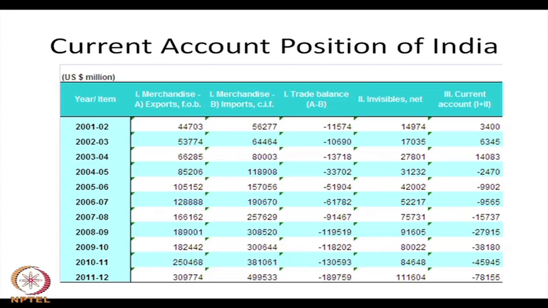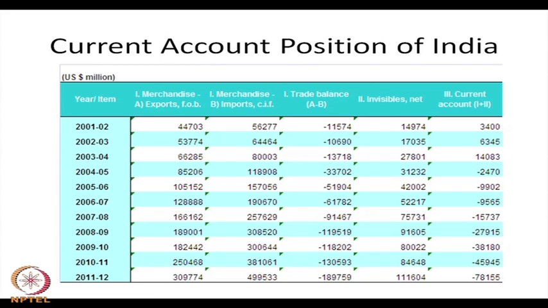189,759 million. This is because over the years the trade deficit is increasing in the Indian context. The trade deficit is increasing primarily because, no doubt our export is increasing, but at the same time our import is also increasing, and import bills are also increasing.